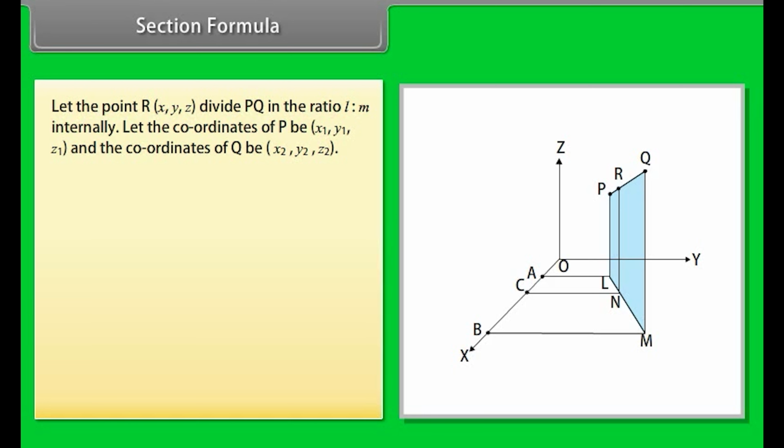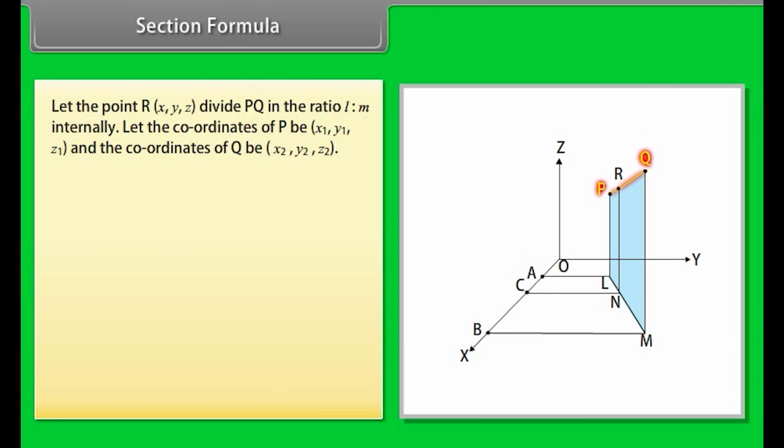Section formula. Let the point R (x, y, z) divide PQ in the ratio L:M internally. Let the coordinates of P be (x1, y1, z1) and the coordinates of Q be (x2, y2, z2).